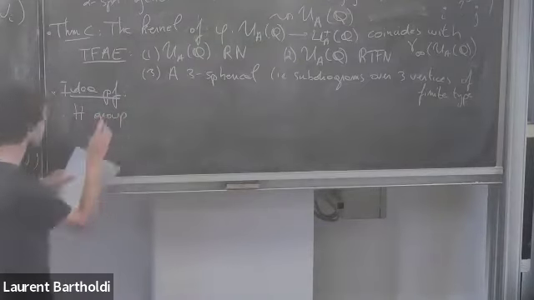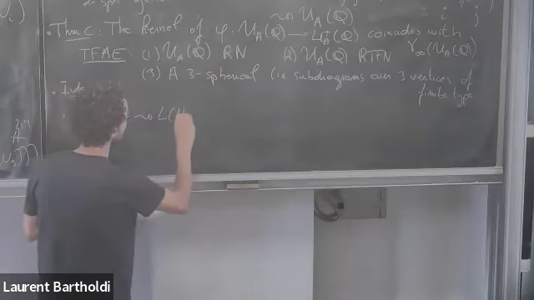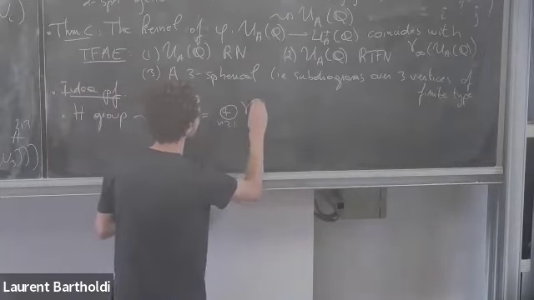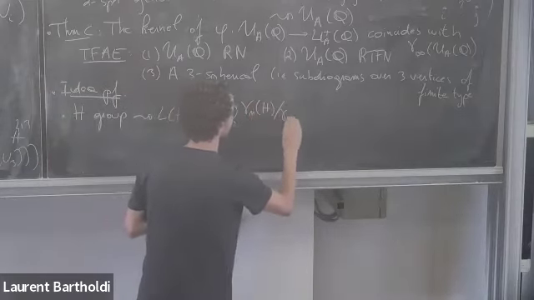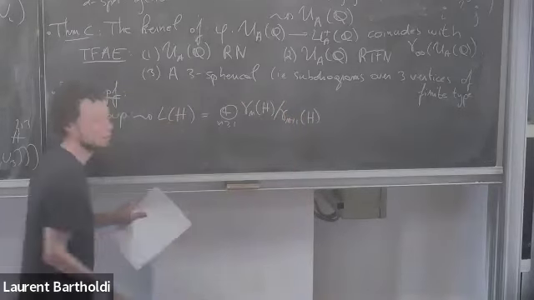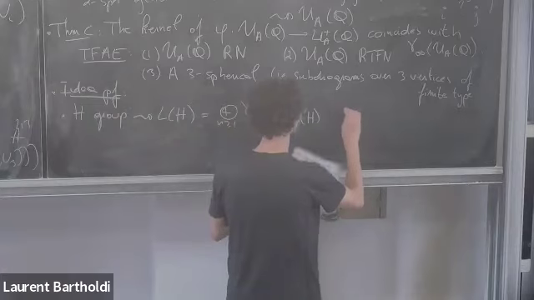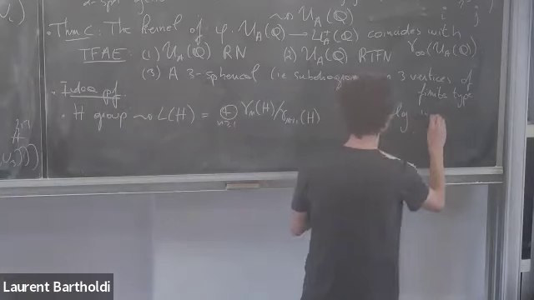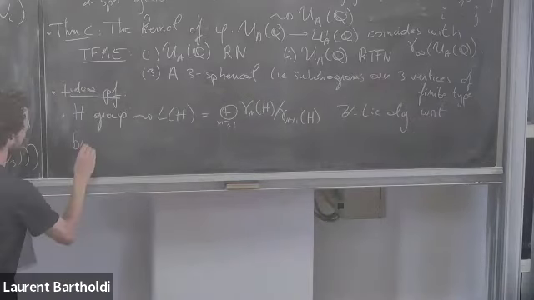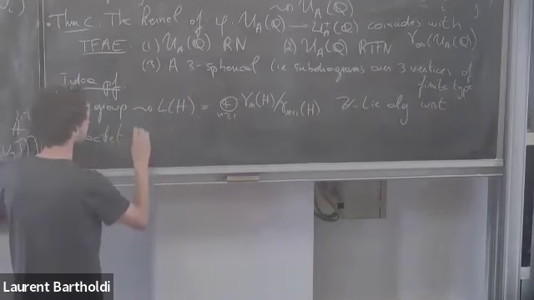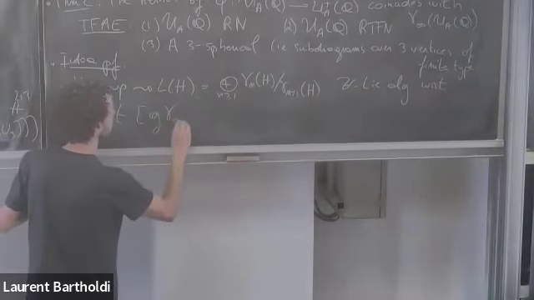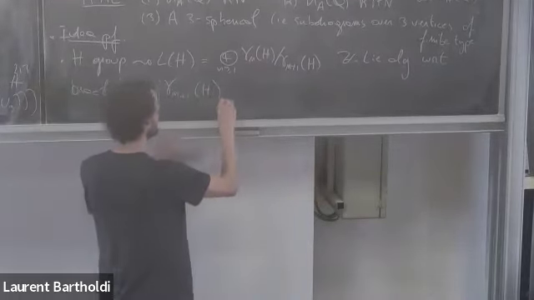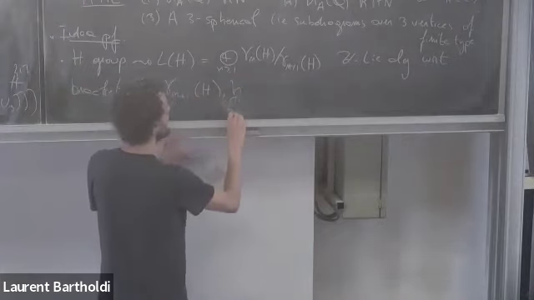Namely, first, that with a group H you can associate the Lie Z-algebra, defined as the successive quotients gamma n of H over gamma n plus 1 of H. So this is a Z Lie algebra with respect to the bracket. If g is in gamma n of H and h is in gamma m of H, then the bracket lies in gamma n plus m of H.